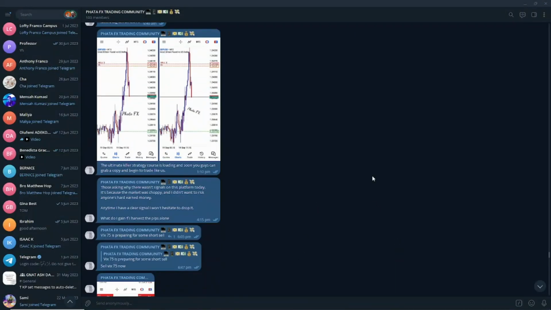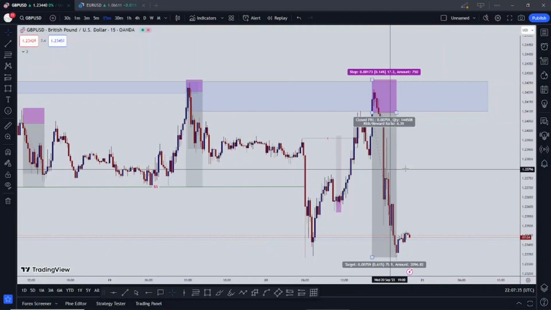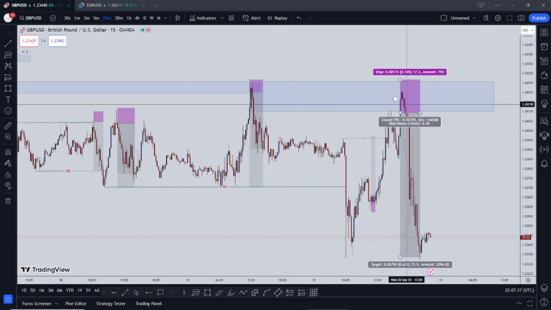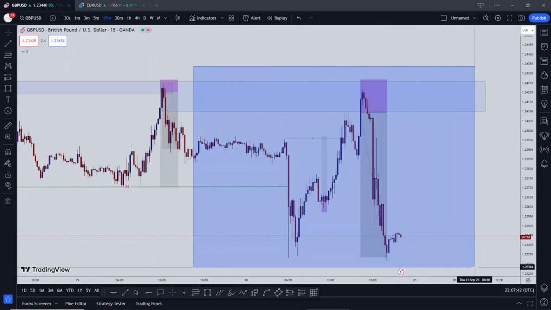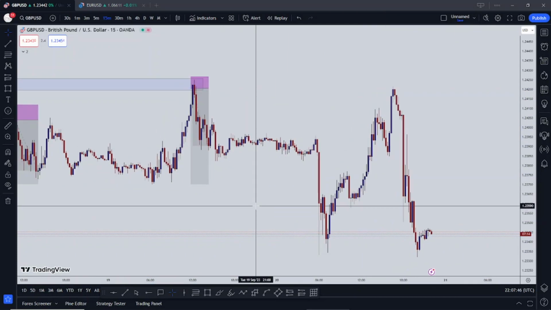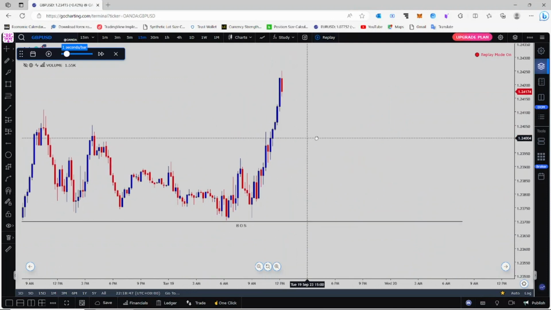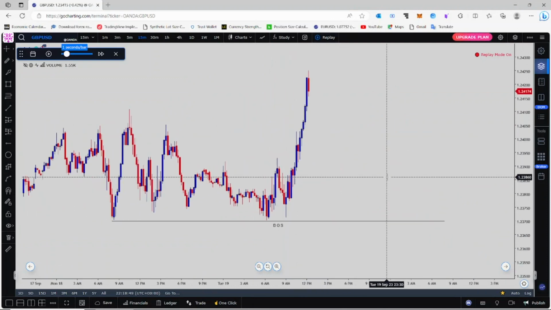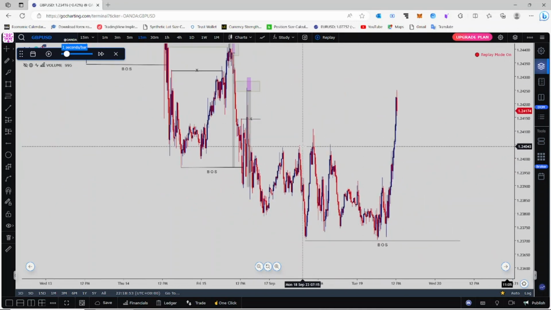All right, so let me jump to the chart and break down the whole trade for you guys to see. We're going to clear the chart and then we start. The price has been forming lower lows and lower highs.